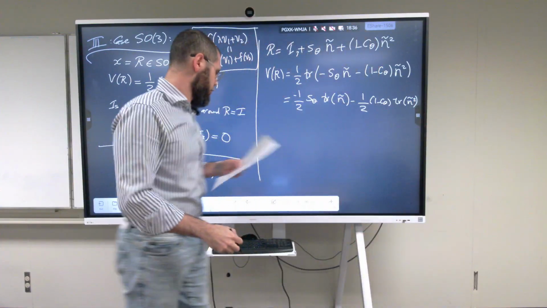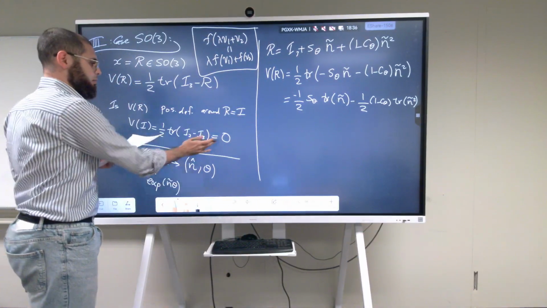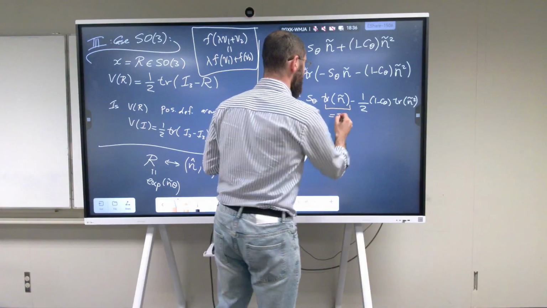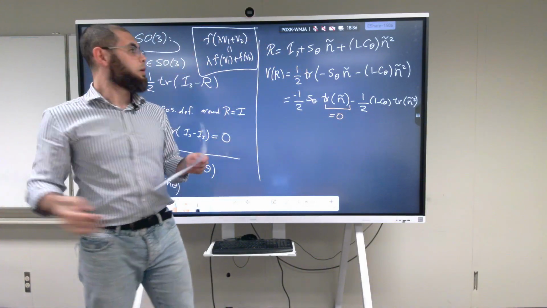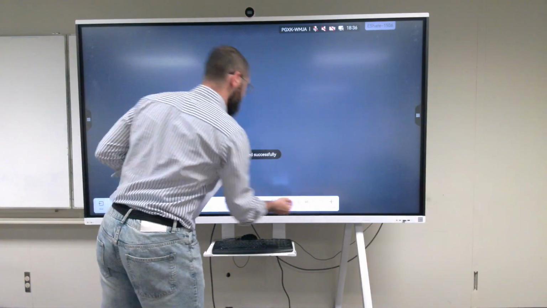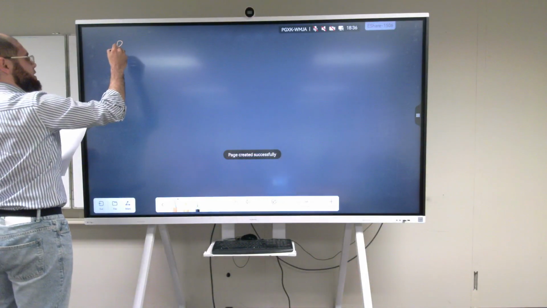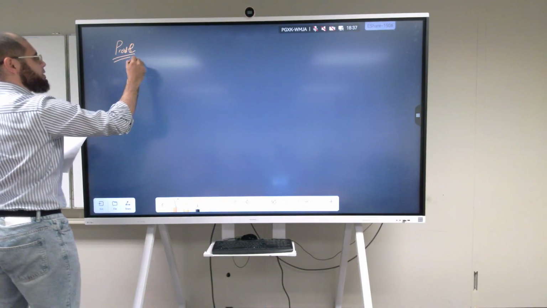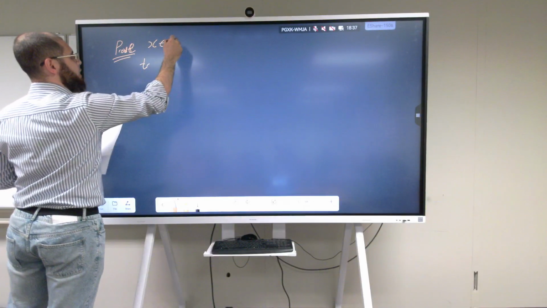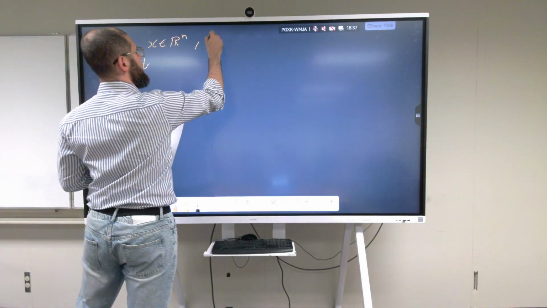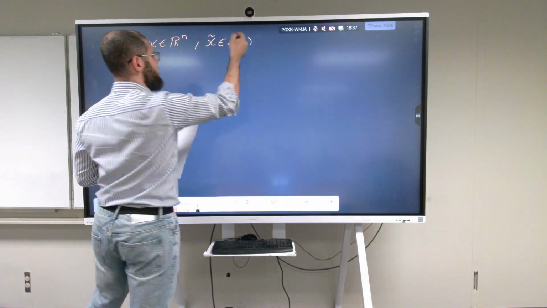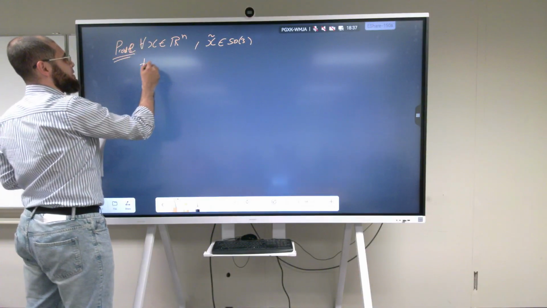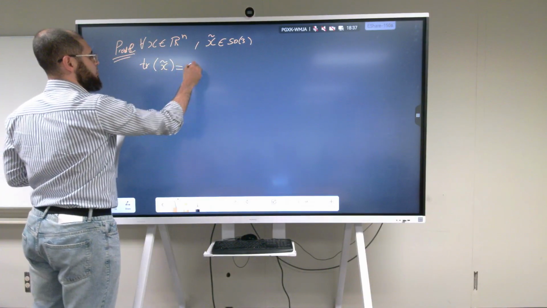And now there is homework for you to show that. It's very easy. You can prove, for yourself at home, that for x in R^n and x tilde in small so3, the skew-symmetric representation of this vector, for all x, the trace of x tilde is equal to 0.